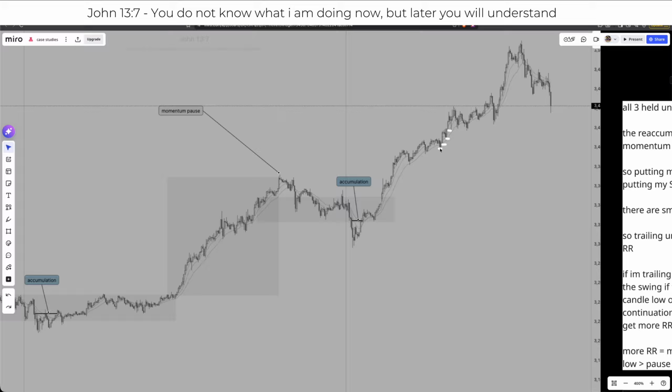How would this look for this one? So I get entered in here, with my stop loss under this swing, which is basically where my stop loss is right now. So I wouldn't be going to break even just yet. Price then creates this move. I'd be at break even right now. This candle, trail here.